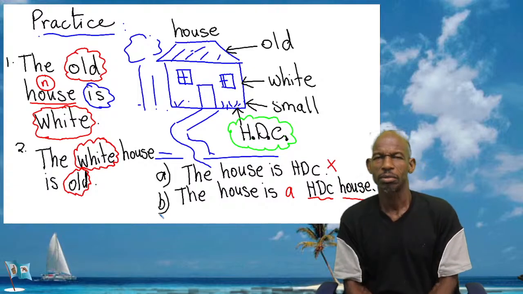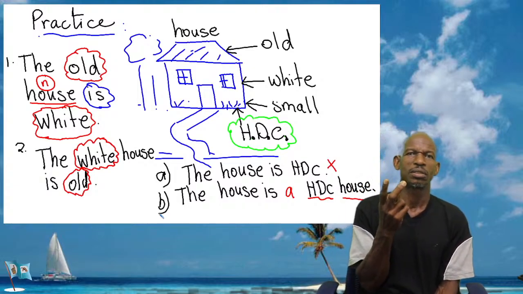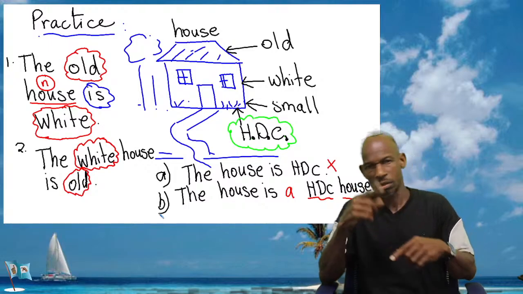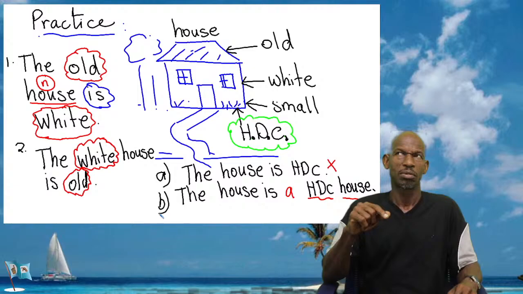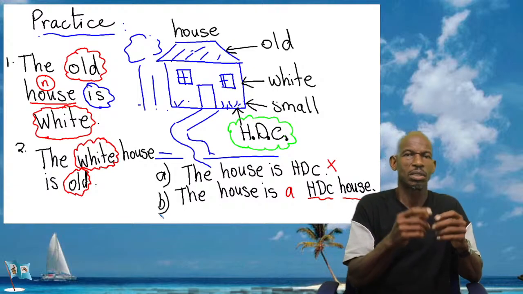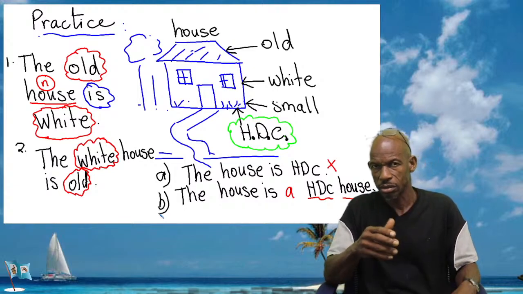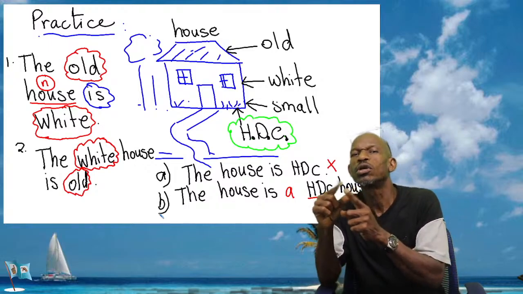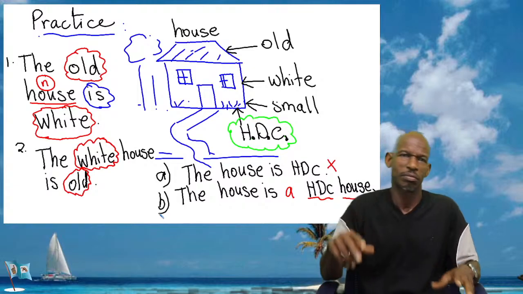And you will notice that if you see an interpreter listening to English and signing for you, one interpreter will sign the same thing, the meaning will be the same, but they sign it in a different way, right?